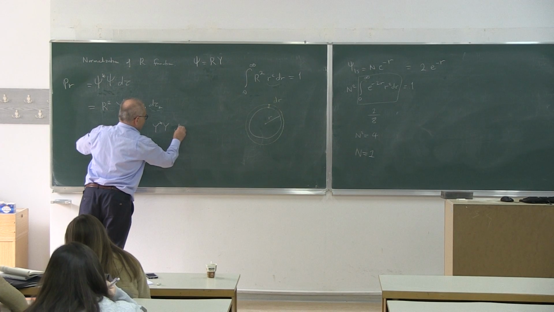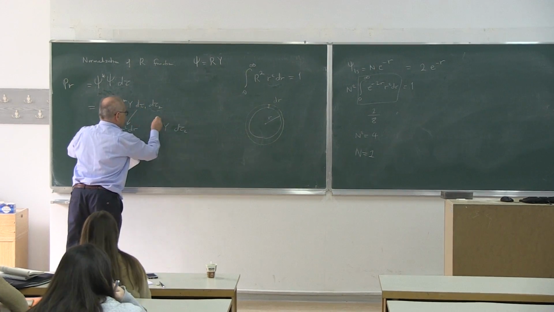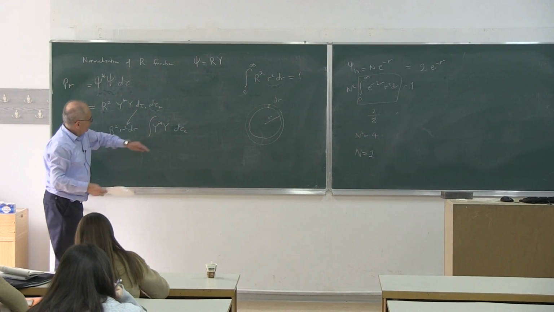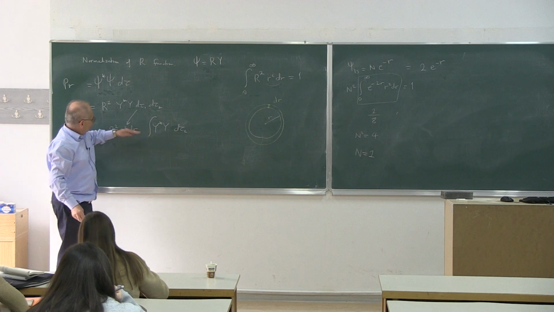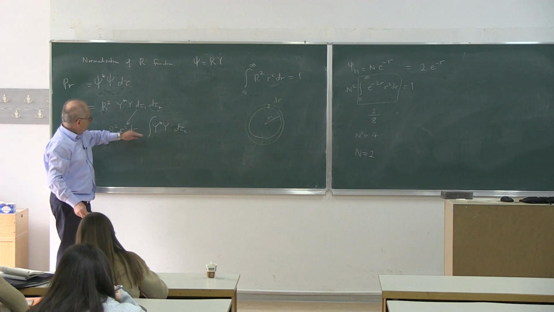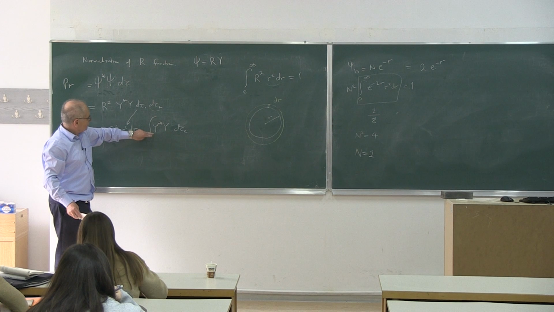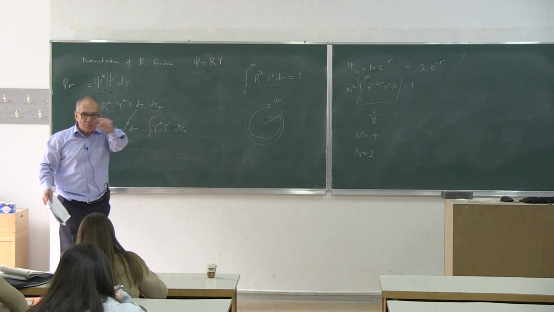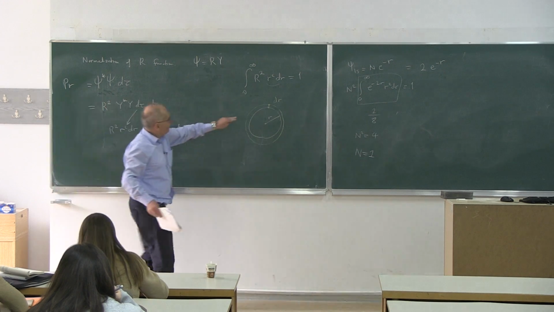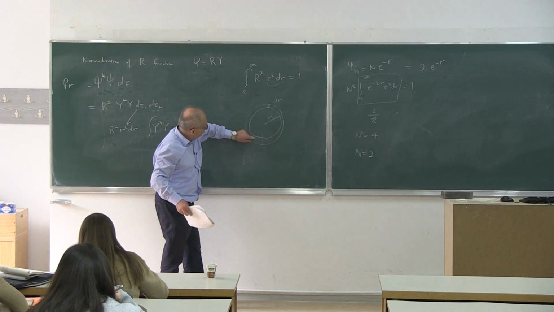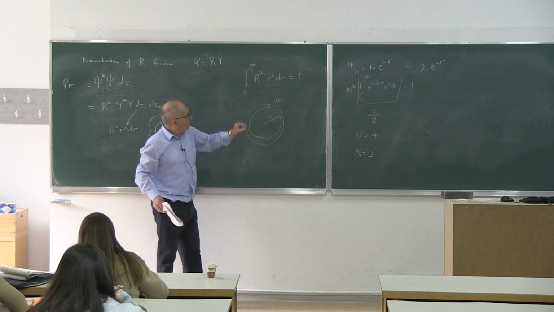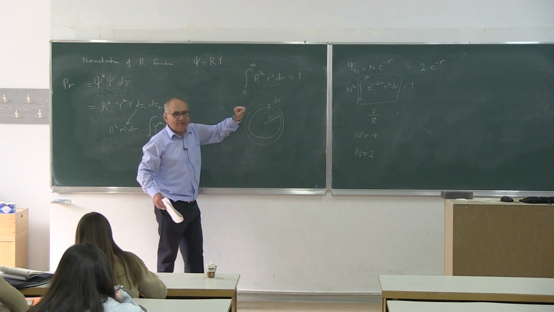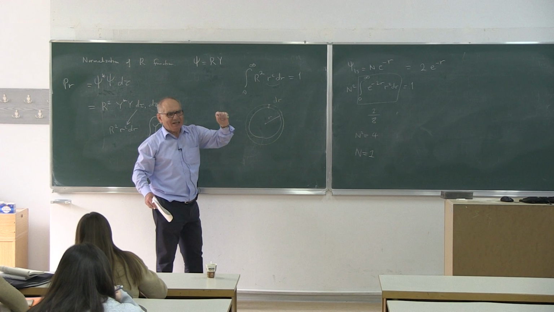Let us just write d tau 2. This expression, when we integrate this part over the angles, gives us the total probability of finding the electron anywhere between the two spheres in which the radii differ by just dr.